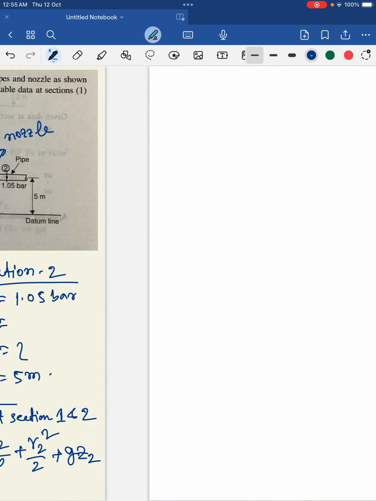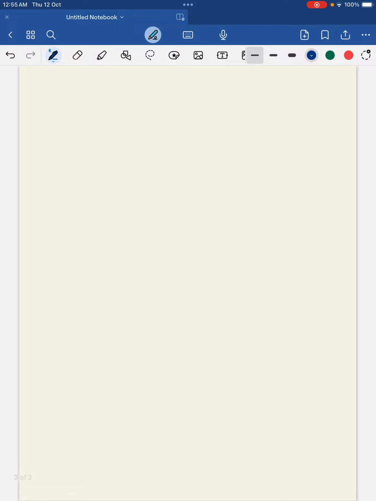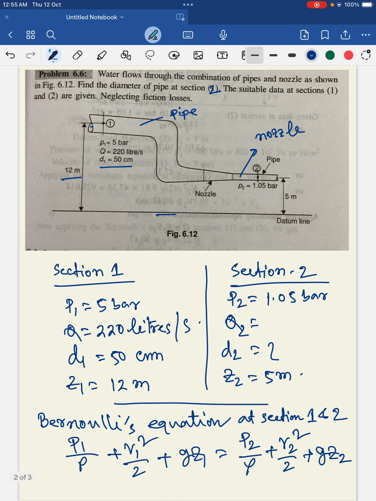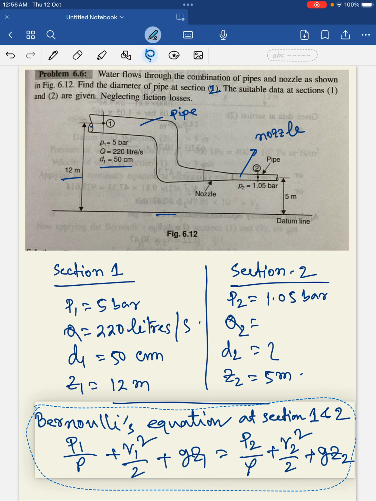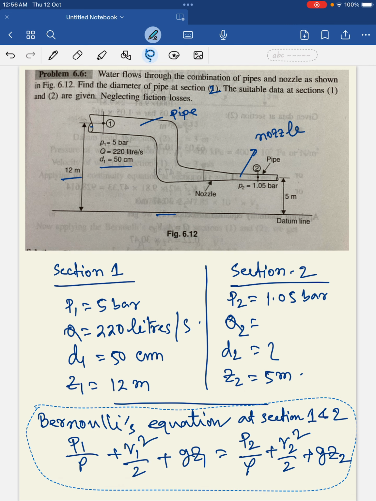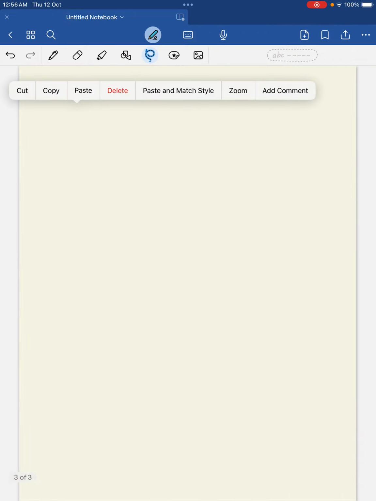I can select that, copy, and paste it here.